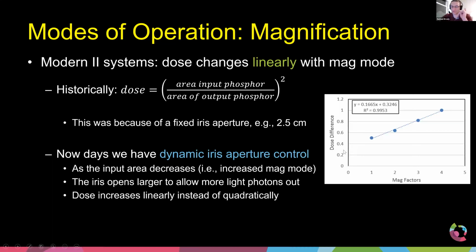Now, dose still goes up. You go from mag 1, 2, 3, whatever, however many mag modes you have. In this system that I measured, we had 4 mag modes. Dose still goes up, but it goes up linearly nowadays, which is a good thing. In the old days, it would go from mag 1, 2, 3, 4, and it would go up exponentially, or it would square. It's polynomial, it's quadratic. So it would actually go up real quick.